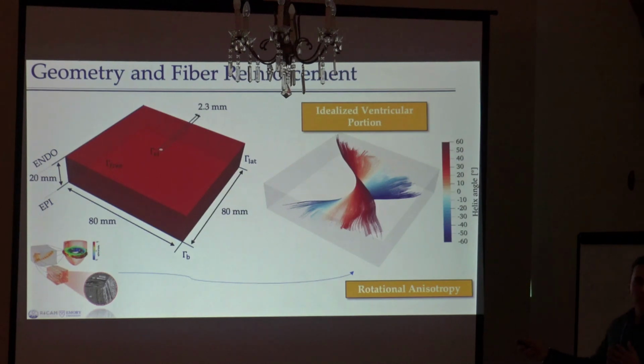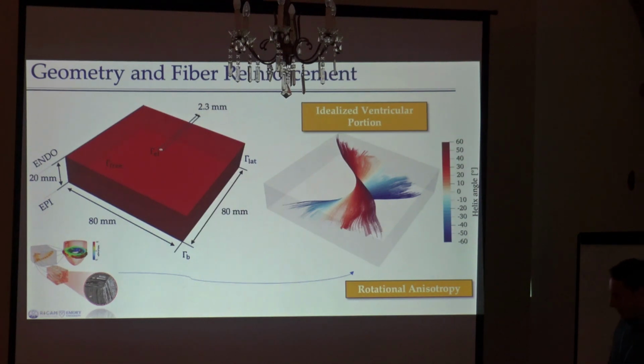So the boundary conditions are basically very far away. Inside, we consider classical reinforcement of the myocardial fibers. This is called rotational anisotropy. So this is basically a transverse isotropic material, and in each plane along the thickness we have a different reinforcement of the fibers with a different angle.